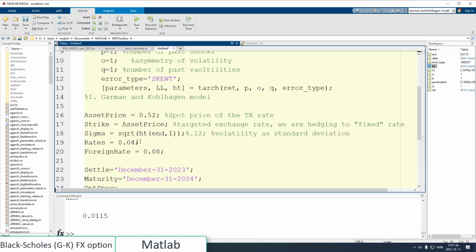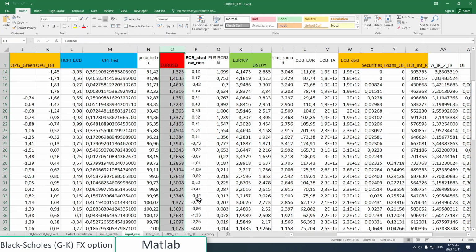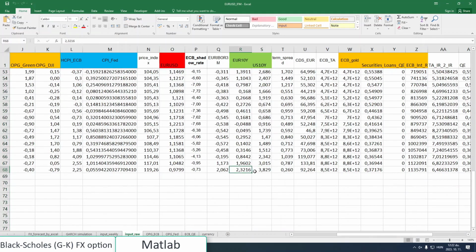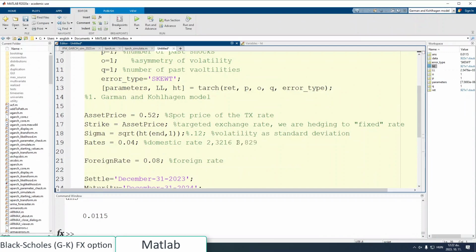Okay, rates. So this is the domestic rate. This is the foreign rate. And in this case we can ask the question which one is what. If we go back to the quarterly data set, we can see that the most recent data is this and that. So let's copy them here.